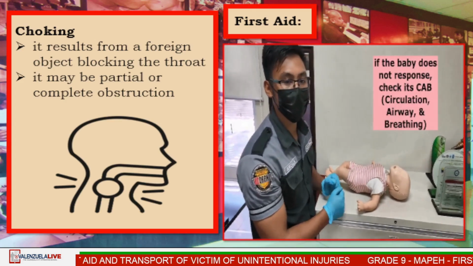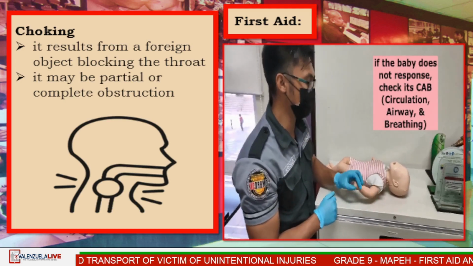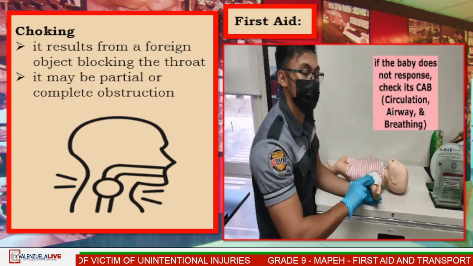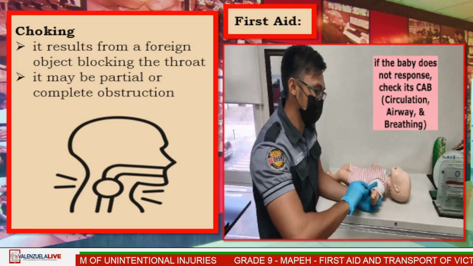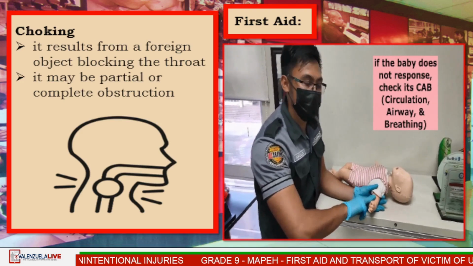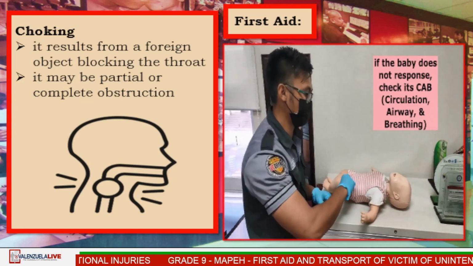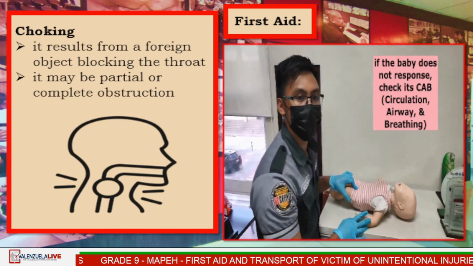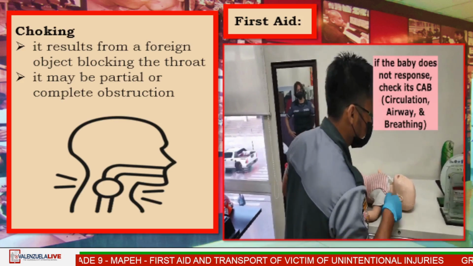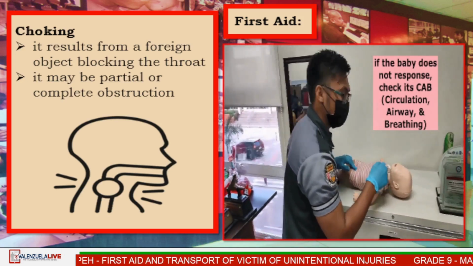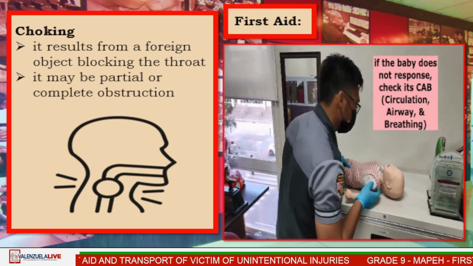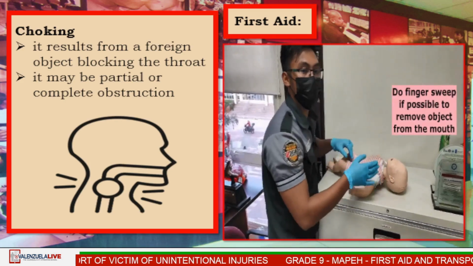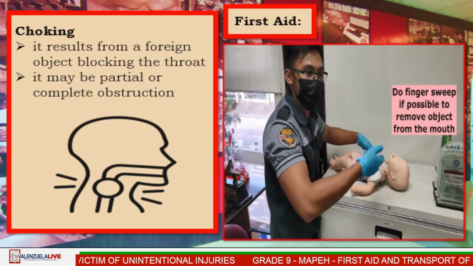If the baby does not respond, check its CAB, or the circulation, airway, and breathing. For the circulation, you may check the pulse, and for the airway and breathing, listen if there is breathing in the count of 10. Do a finger sweep to remove the object blocking the throat.